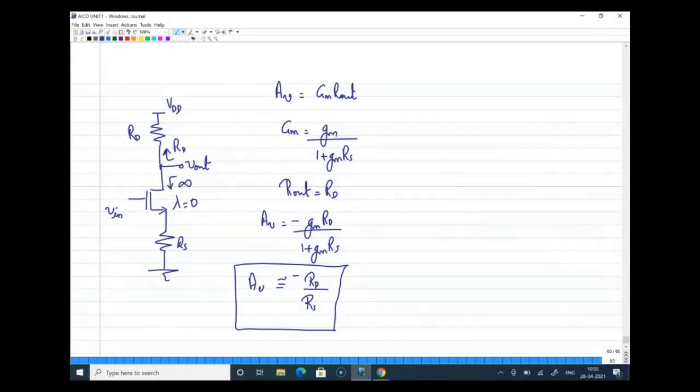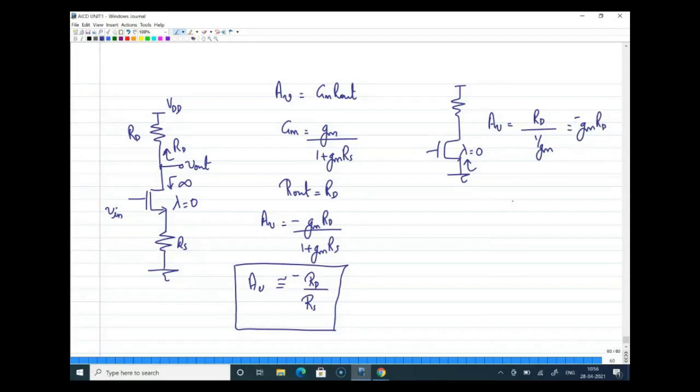If you remember, for a CS amplifier in the beginning, I told you there is a shortcut method to write the gain expression. If lambda is equal to 0, we can write gain as total resistance at drain, which is RD, divided by the resistance looking into the source path. Looking at the source, the resistance is 1 by gm, so I can write it as gm into RD, and you put a minus sign.